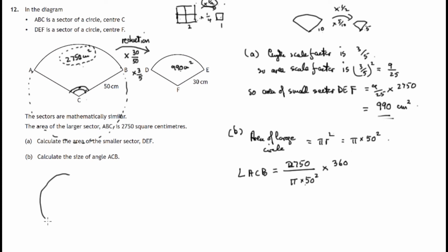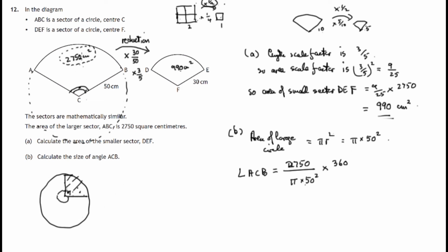Simpler case if you're confused with that, if we have this angle here 90 degrees, this area is 1/4 of the area of the whole circle. This angle 90 is 1/4 of the whole 360 degree angle. So it's the same thinking there.